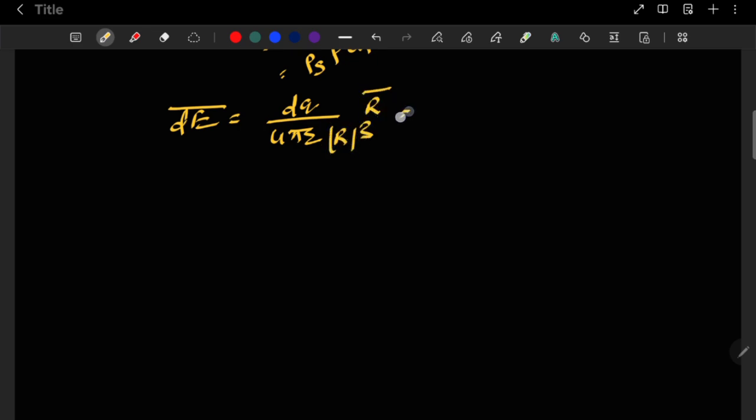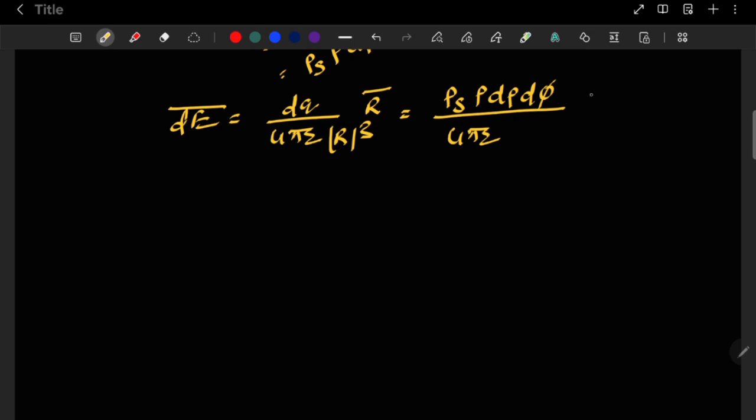Now from Coulomb's law, the differential electric field due to that particular differential charge dq is given by dq by 4 pi epsilon magnitude of r cube into r bar. It is from Coulomb's law. So it is equal to dq is nothing but rho s into ds, and ds is rho d rho d phi, by 4 pi epsilon, and r bar is nothing but what we got, OP minus SP.